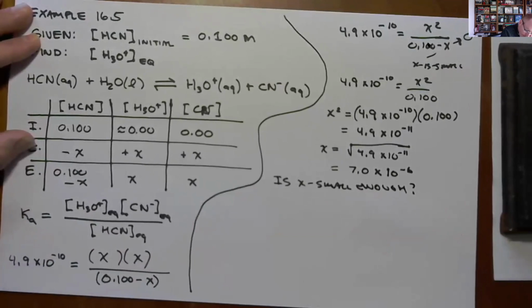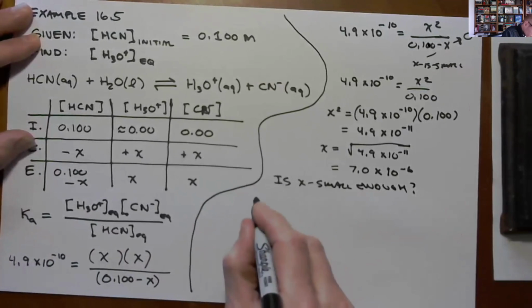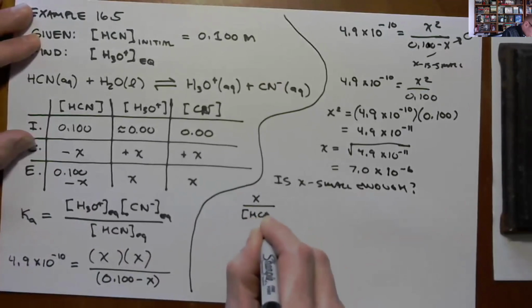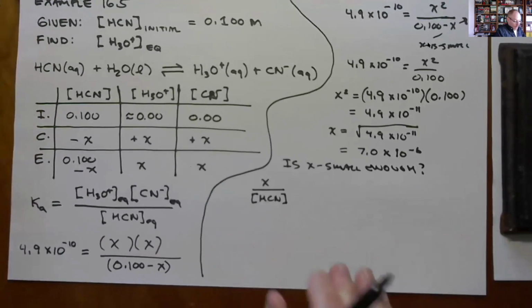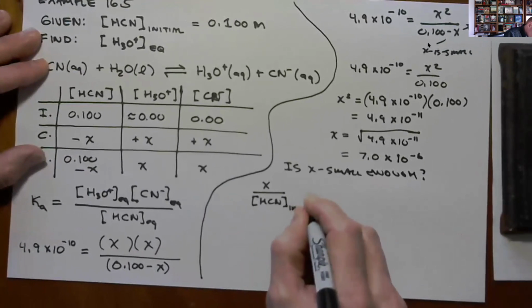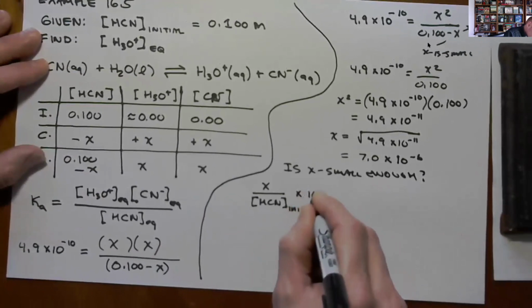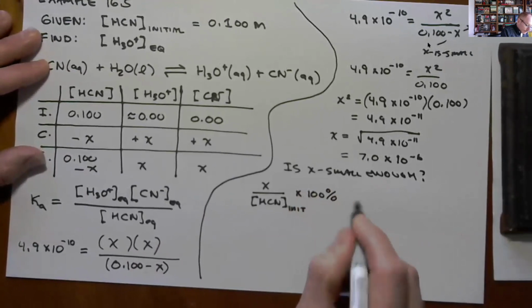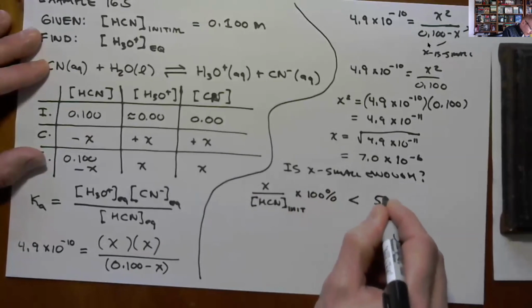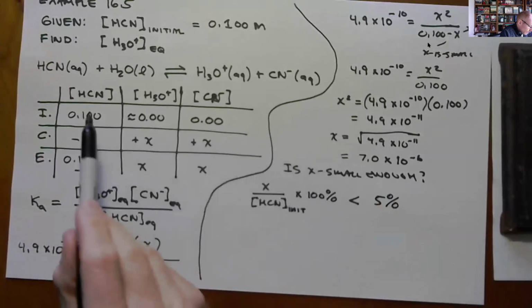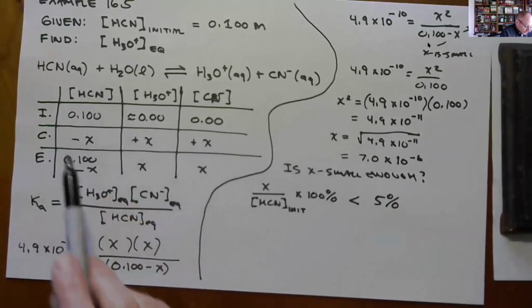To answer that, what we're going to examine is this ratio, X over the initial HCN, and we're going to express it as a percent. If this is less than 5%, we feel justified in the X is small approximation. And this percentage is the percent autoionization of our weak acid.